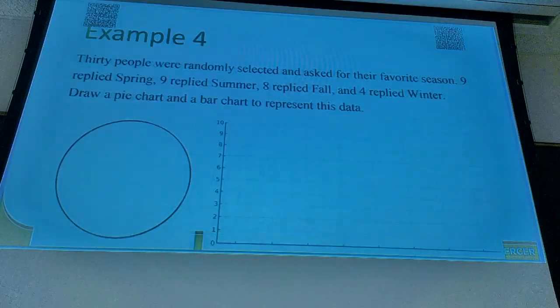30 people randomly selected, asked for their favorite season. 9 replied spring, 9 summer, 8 fall, and 4 winter. I'm going to hand draw a pie chart and bar chart. Bar would probably be easier.